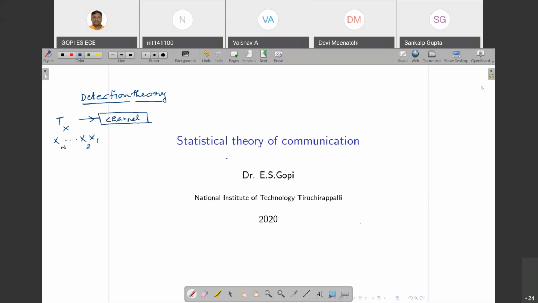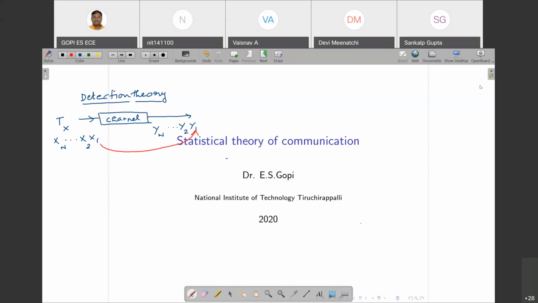And in the receiver section, you are getting the discrete samples, like this, yn. So y1 corresponds to x1, y2 corresponds to x2, and so on, right?